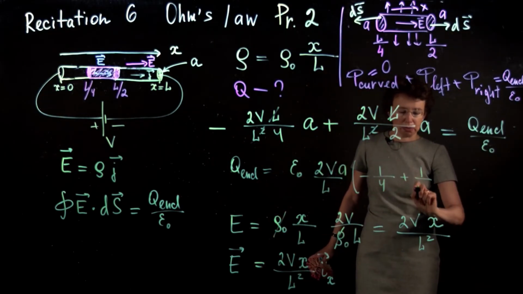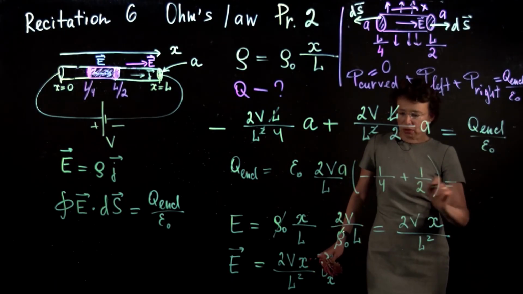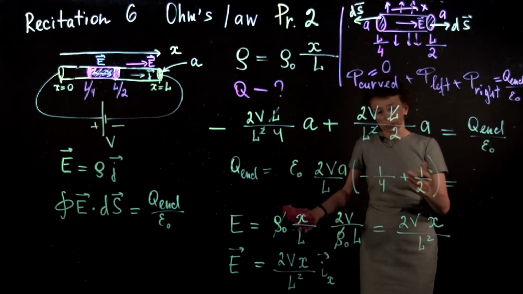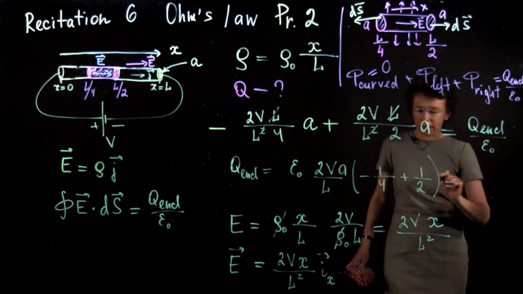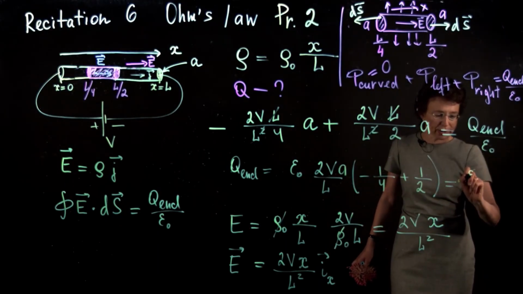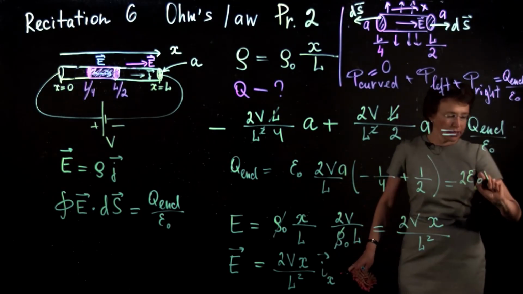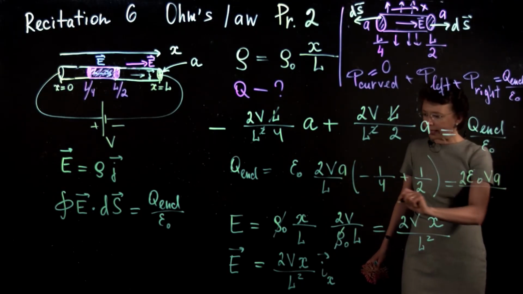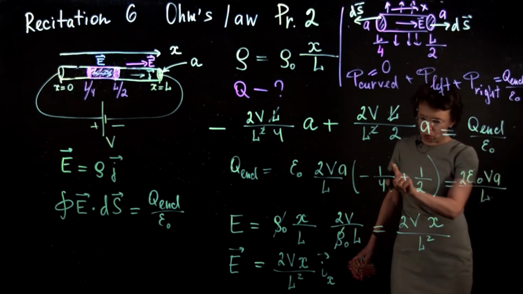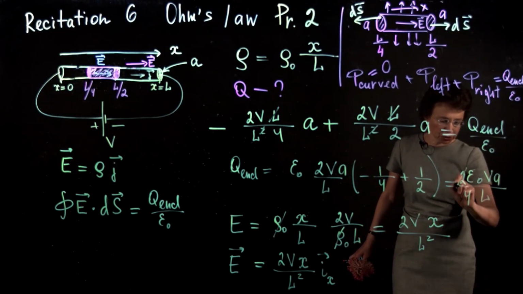And then plus 1 over 2. Minus 1 over 4 plus 1 over 2 is plus 1 over 4. So I have epsilon naught, and then 2 here, VA divided by L. 1 over 4 here, 2, 4.